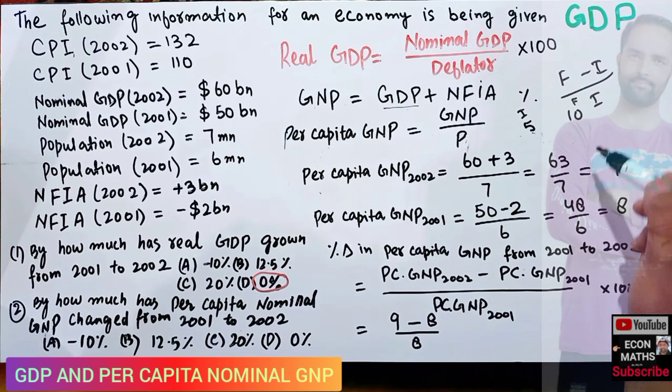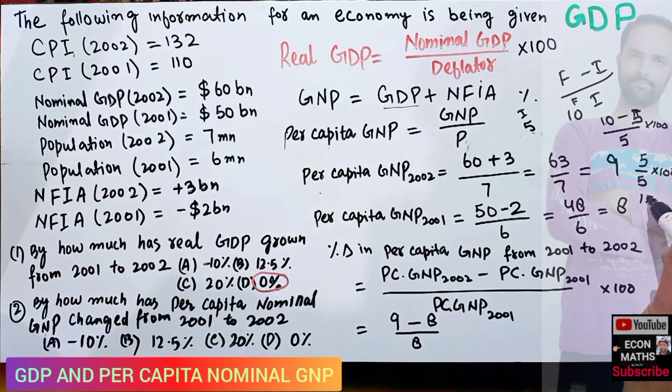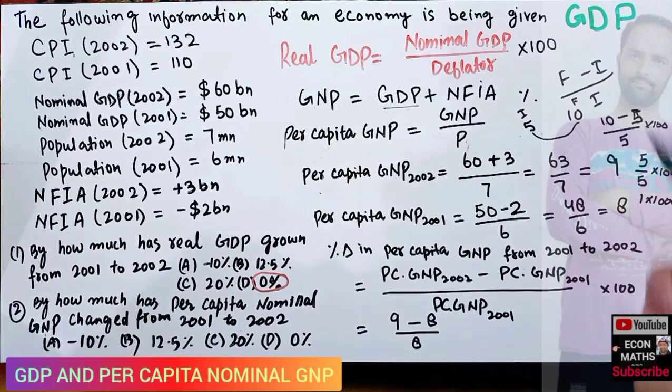Then our percent increase will be final value minus initial value, 10 minus 5, which is 5, upon initial value, which is 5, multiplied by 100. So 5 upon 5 is 1, into 100, that means there is a 100% increase from 5 to 10. Simple stuff.